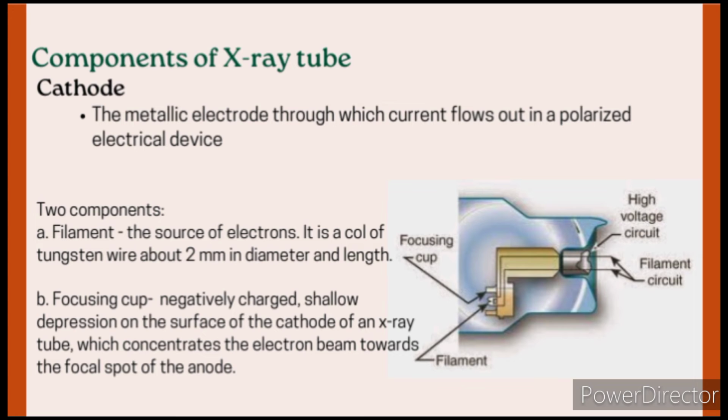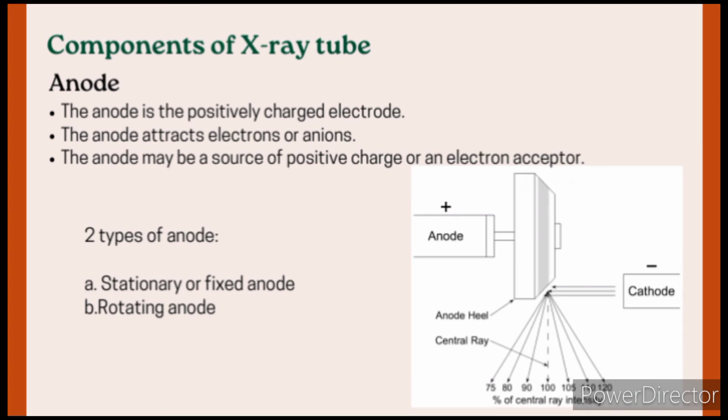It is a coil of tungsten wire about 2 mm in diameter and length. Focusing cap, a negatively charged shallow depression on the surface of the cathode of an X-ray tube, which concentrates the electron beam towards the focal spot of the anode.